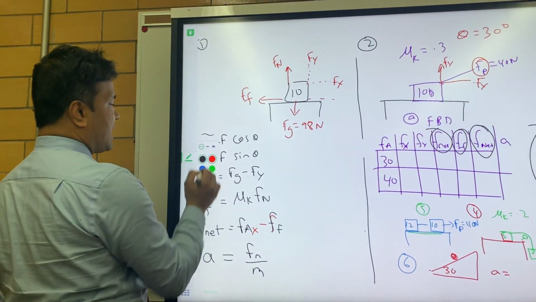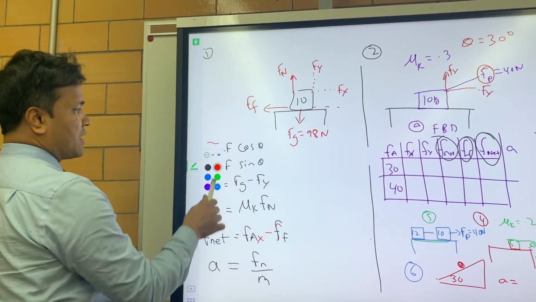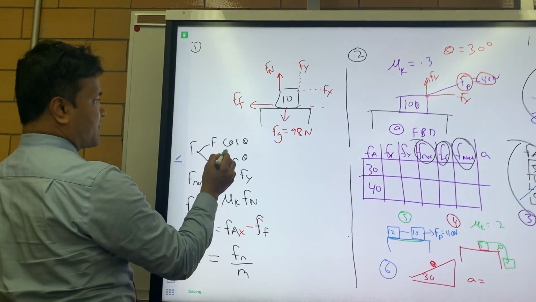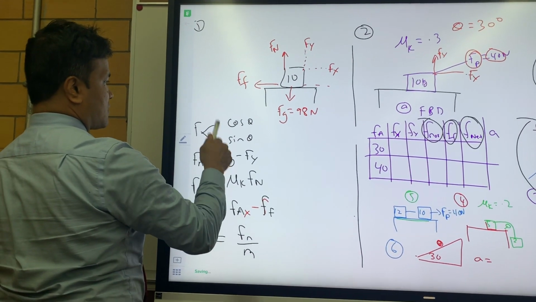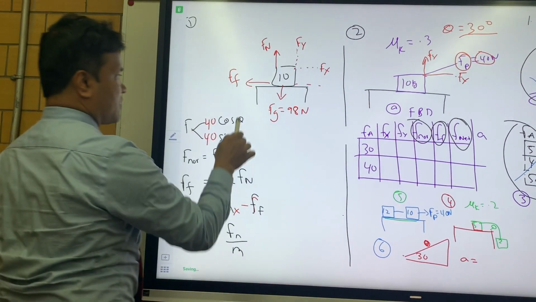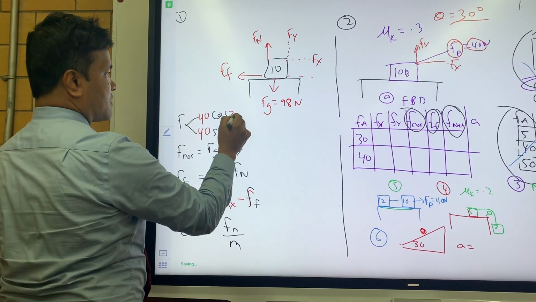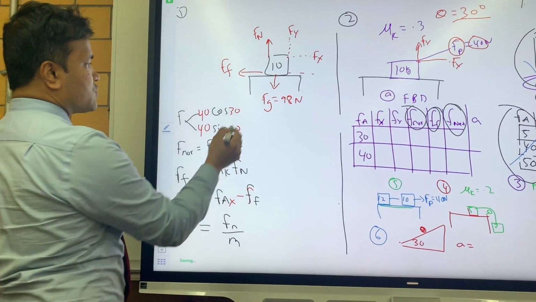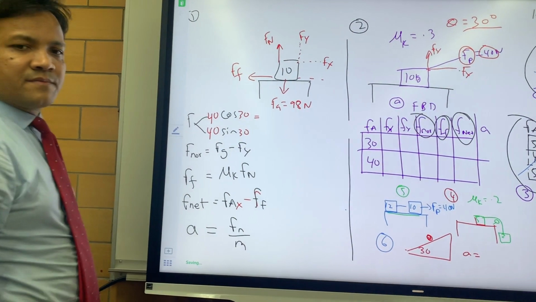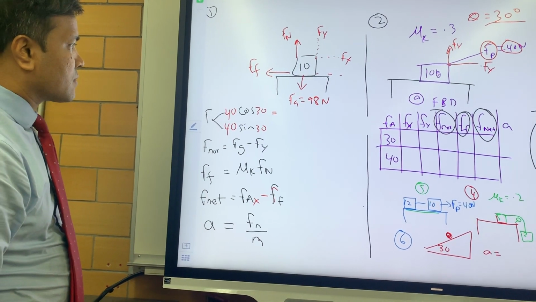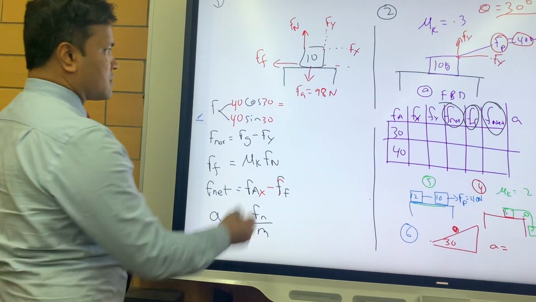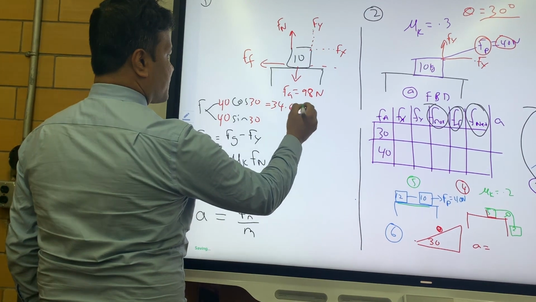Okay, now that I have the template, I'm going to write the force. Force is 40, so I'm going to write 40 over here. Theta is 30, so I'm going to write 30 over here. Now what is cosine 30 times 40? 34.64.